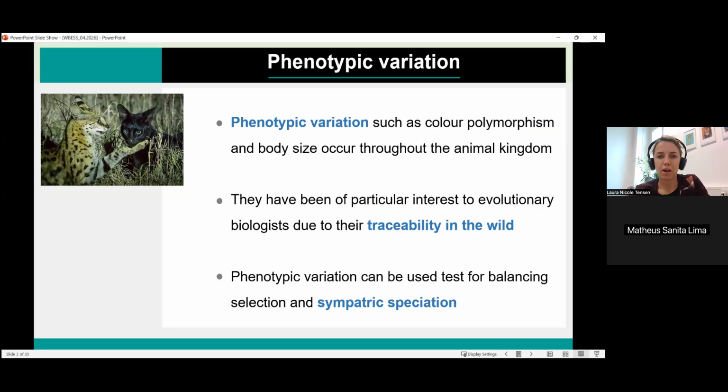As a result, they can be used to test certain evolutionary theories, such as balancing selection or sympatric speciation. So sympatric speciation, perhaps you recall, is when species start to diverge while they still live in the same area. So there's no physical barrier between them that separates them.